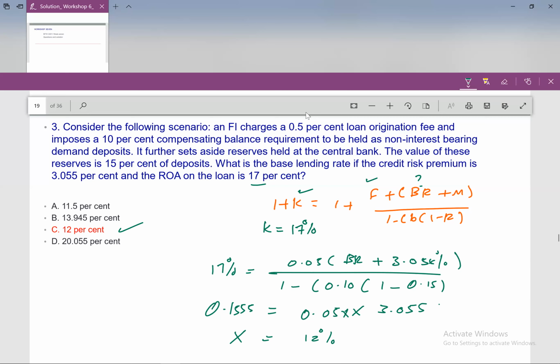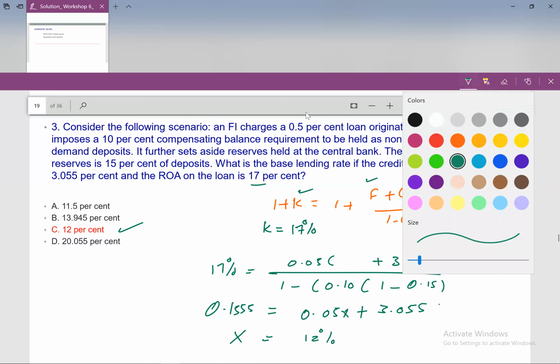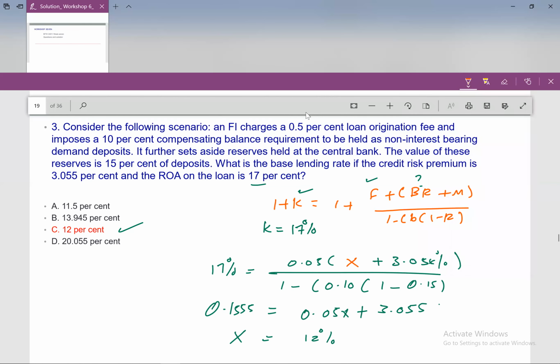So this you can play with, you can consider it as the X, and then solve for the X.